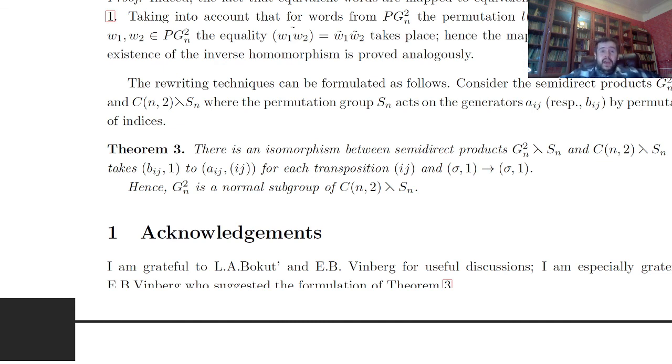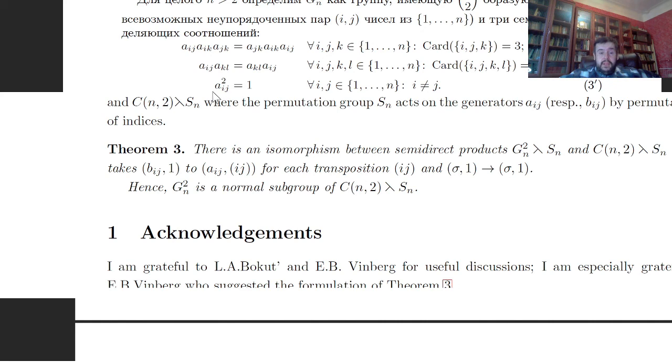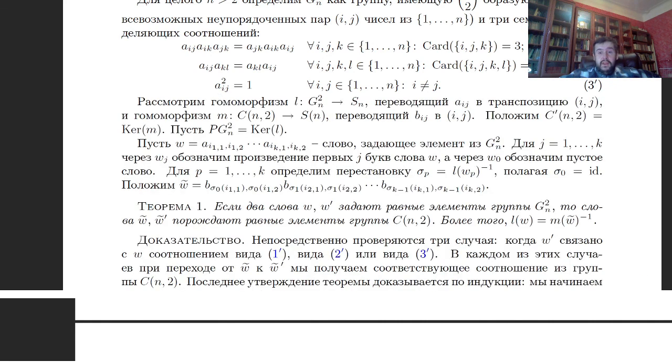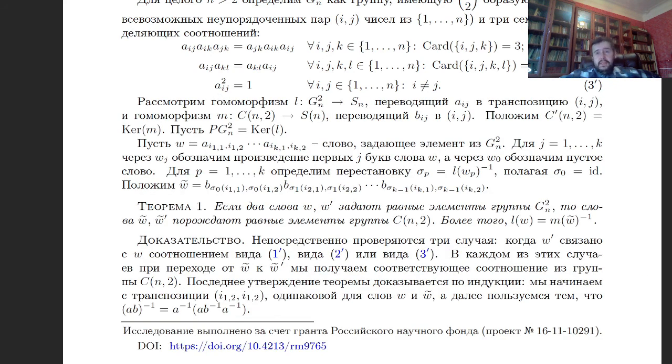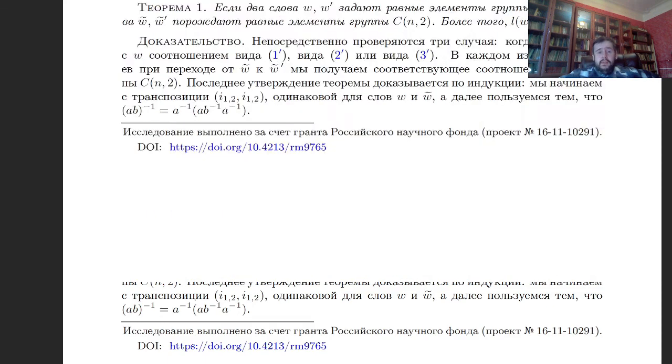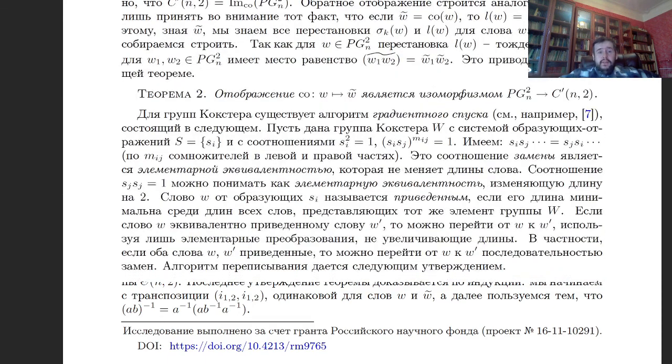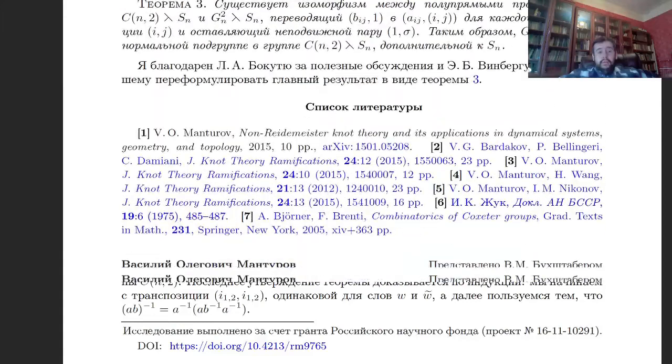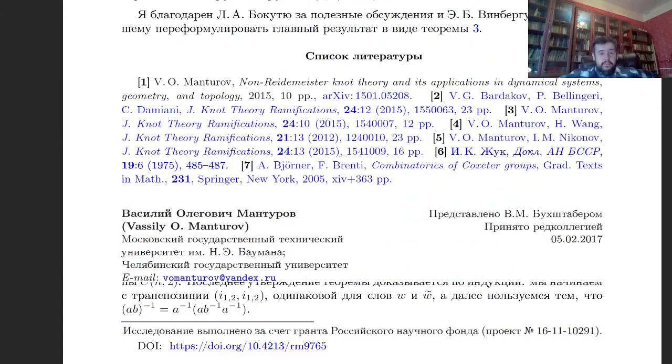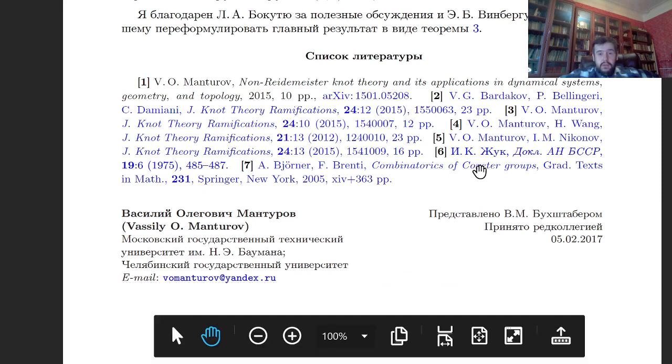Well, actually, the problem of rewriting is not quite new, and there was a former student of Weinberg, who passed away long ago, as Weinberg himself. Here I want to indicate some paper by Zhuk.